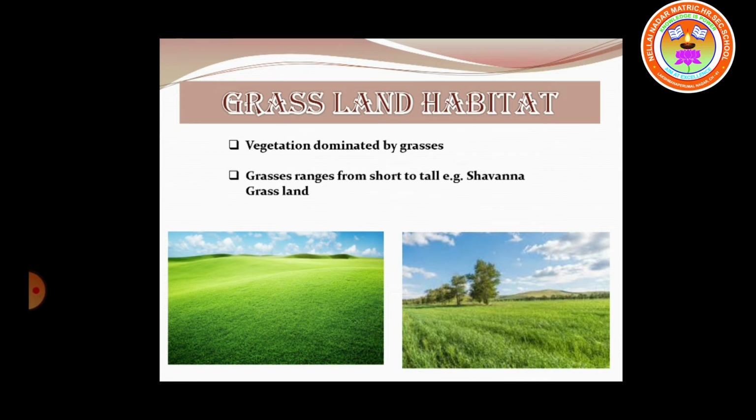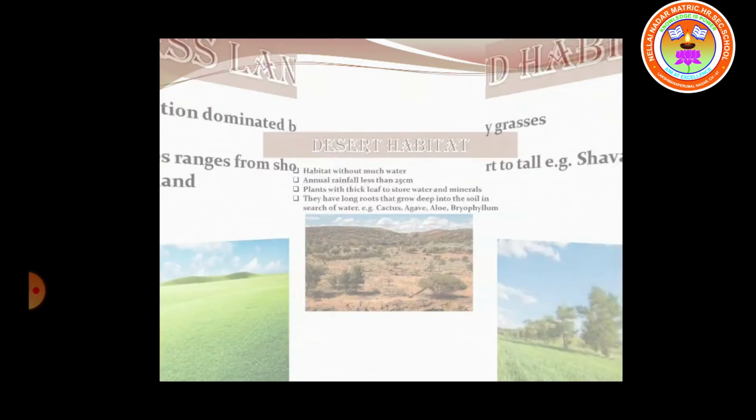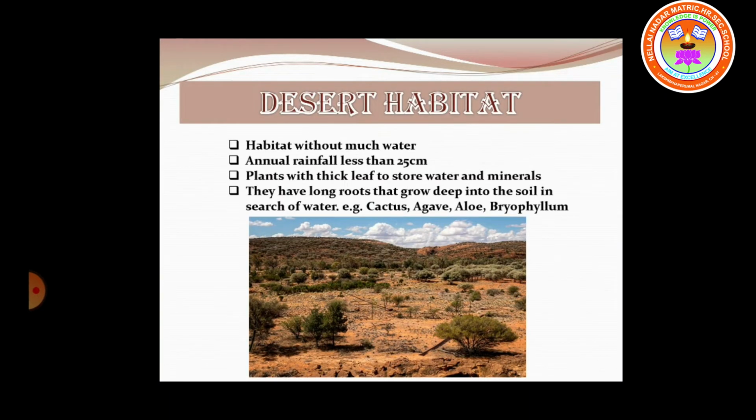Next, we'll move on to the desert habitat. A habitat without much water. Can you see more water in the desert? No. Desert is a habitat where there is a small amount of water.